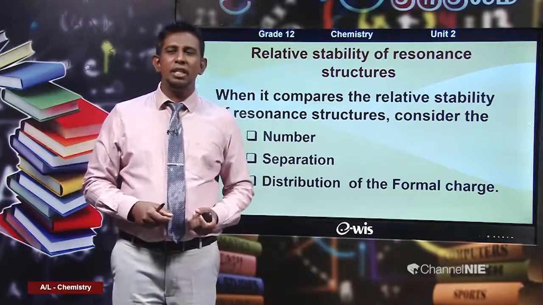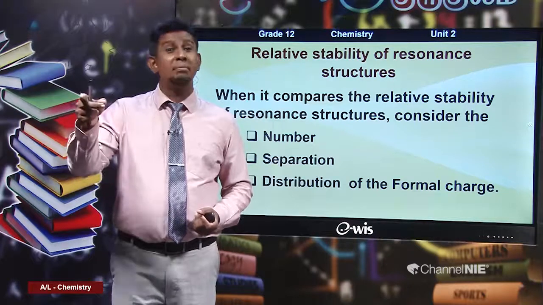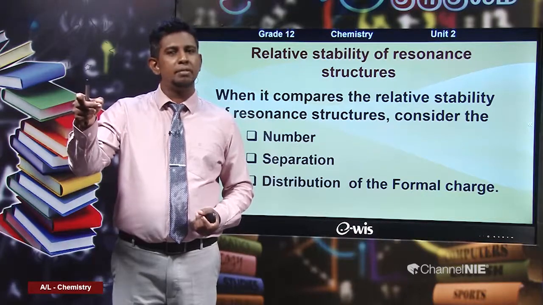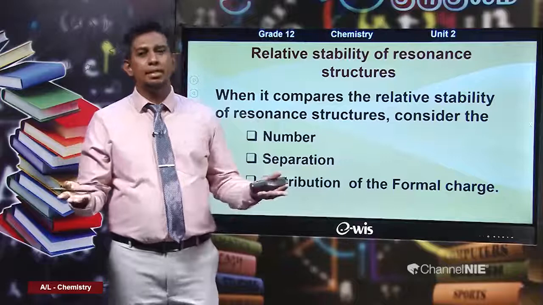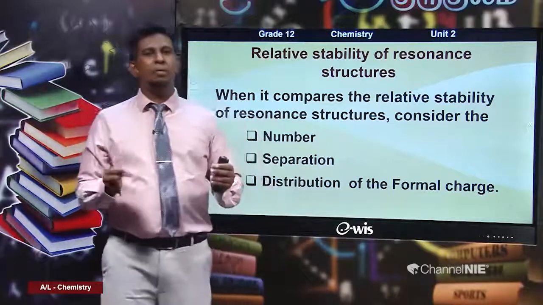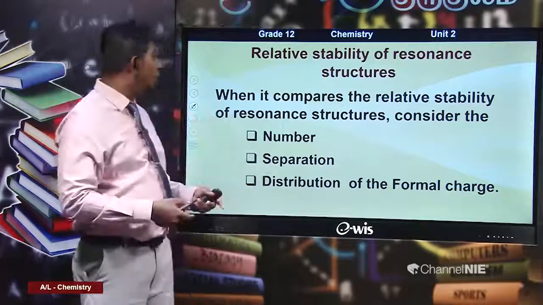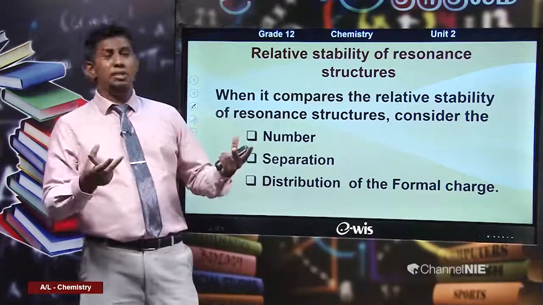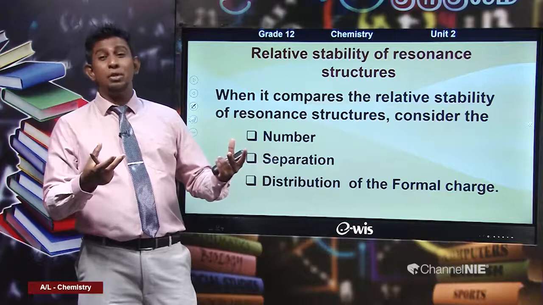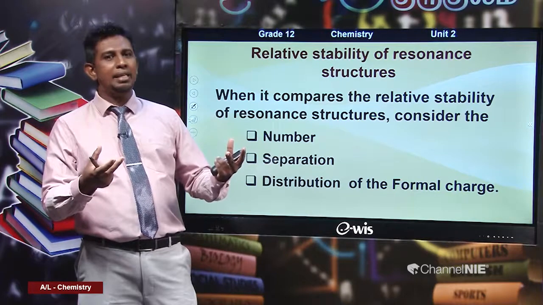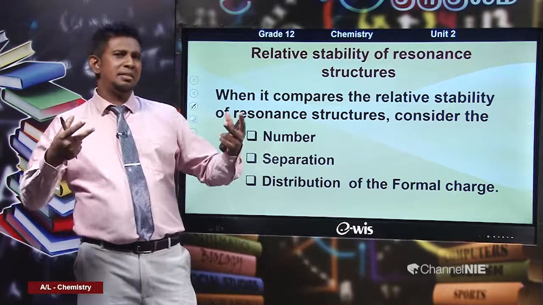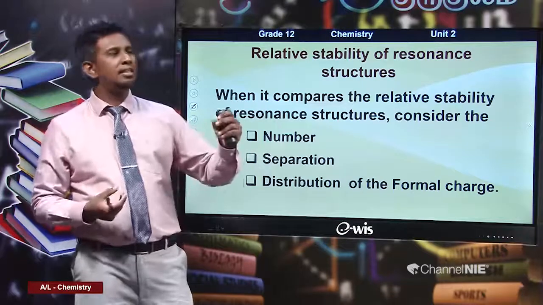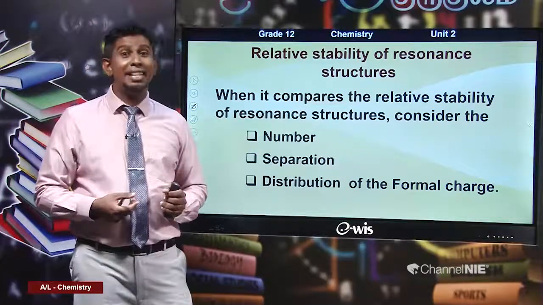Students, you need to check on which atom I have placed the positive charge and on which atom I have placed the negative charge. That's what we call the distribution of the formal charge. If it's a negative charge, more electronegative atoms would more likely take the negative charge than less electronegative atoms. That's the point.